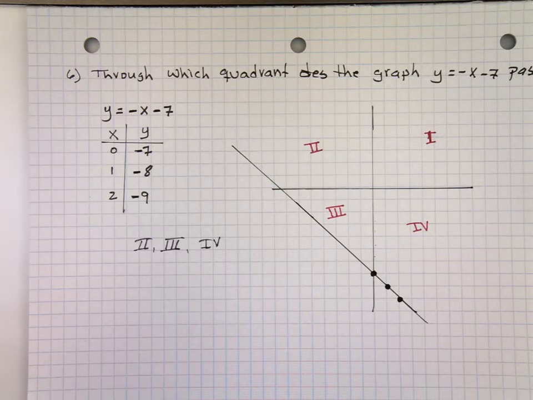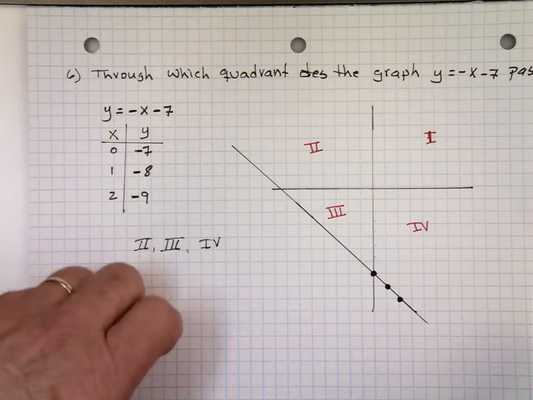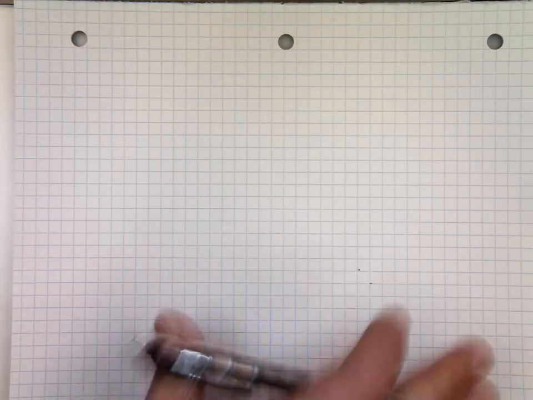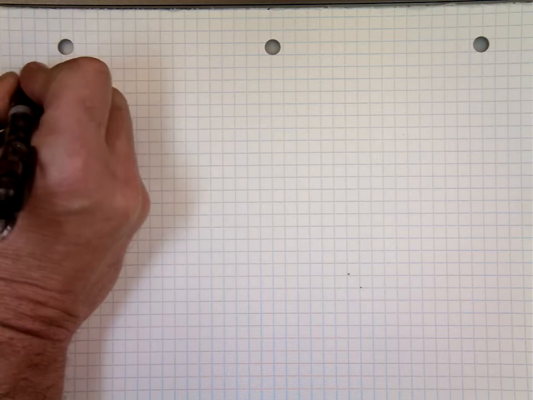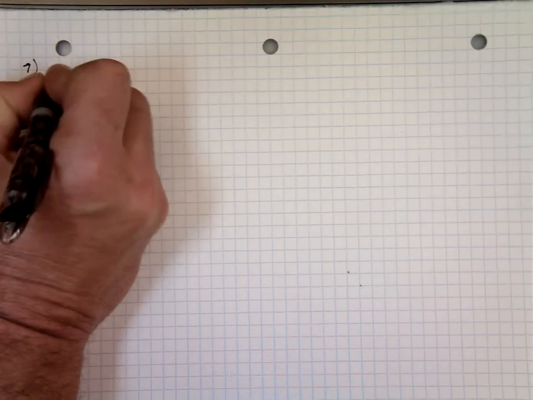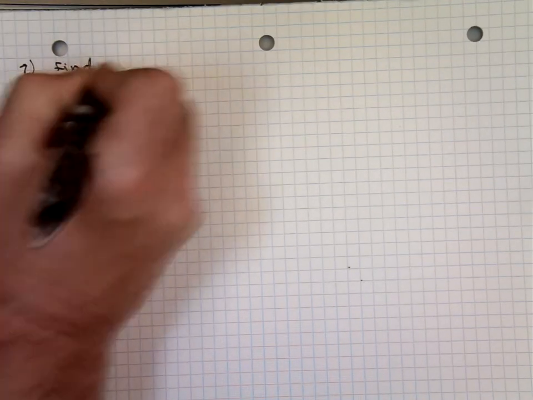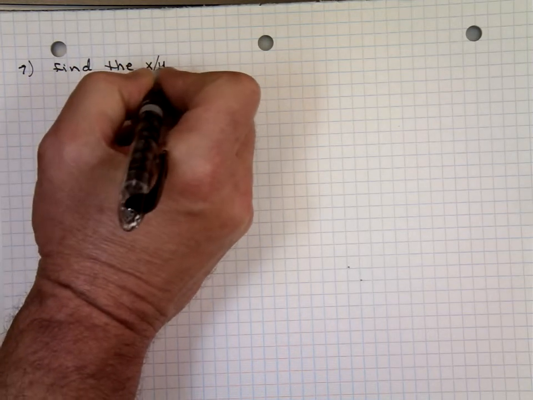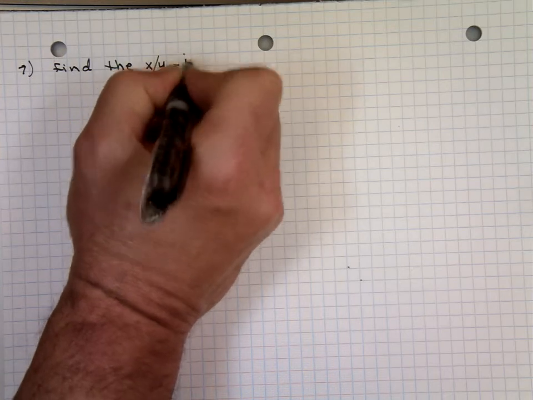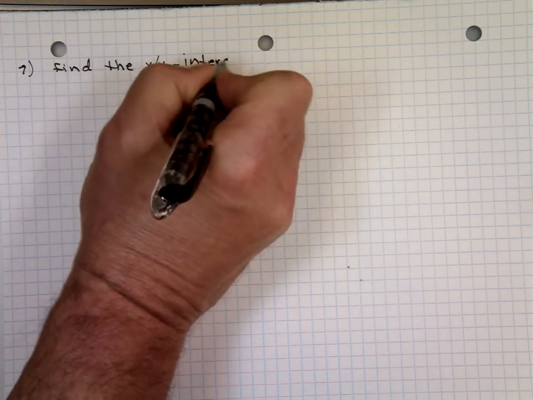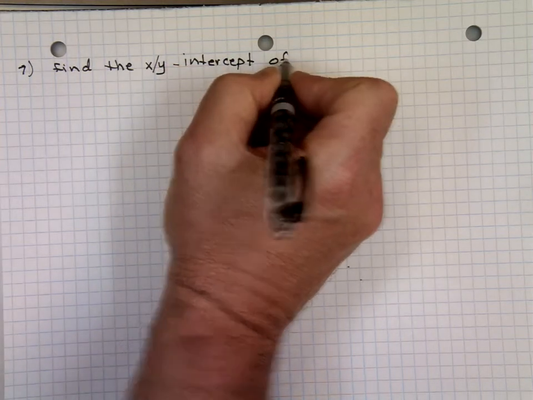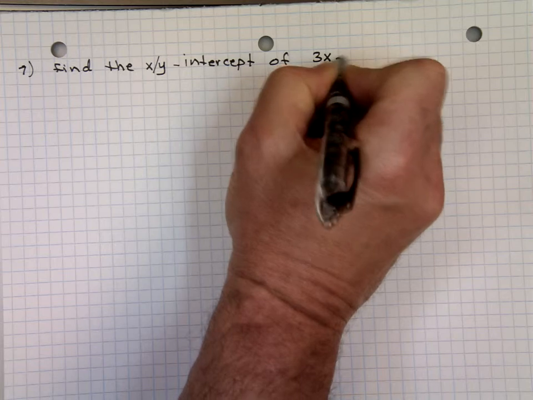Okay, number 7. Find the x and y intercepts of 3x minus 2y equals 6.